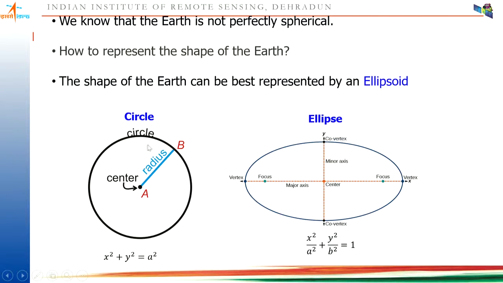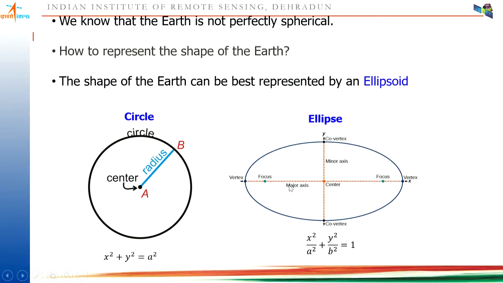In the circle, the diameter was double the radius, which has now shrunken and become smaller. This is called the minor axis, and the horizontal axis is called the major axis.